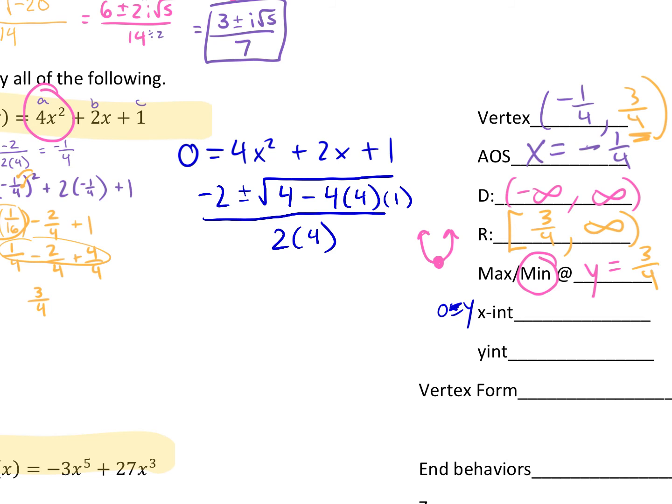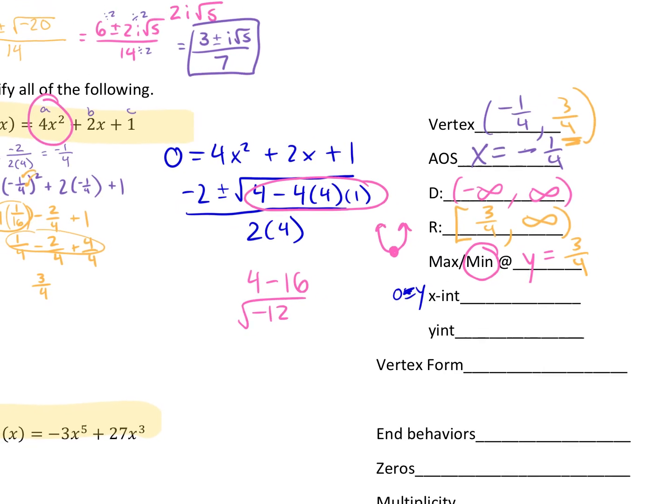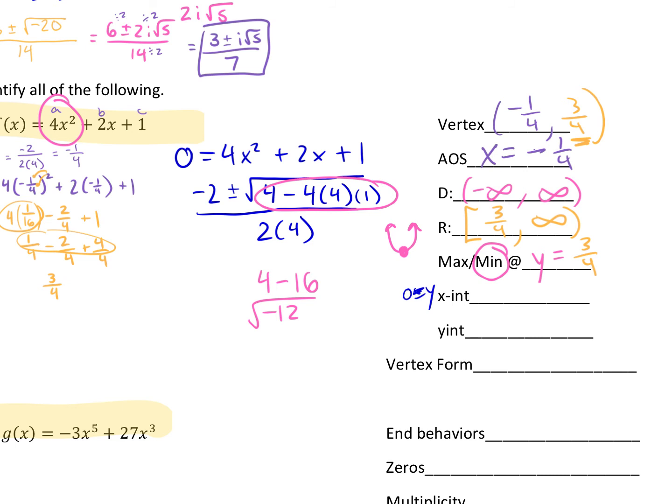So inside my square root, I have 4 minus 16, which would be negative 12. What happens when I get a negative in the square root? It's not an x-intercept. So do I have an x-intercept here? Nope. So no x-intercept because this is not real.